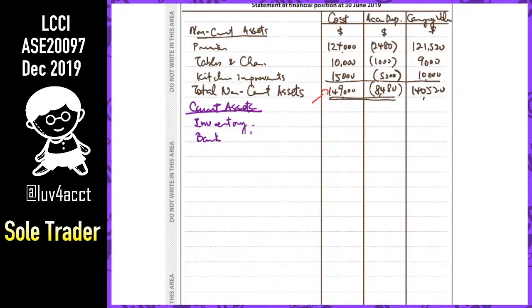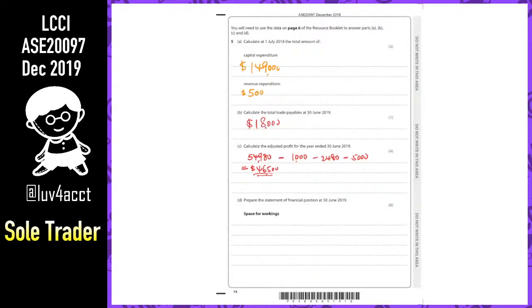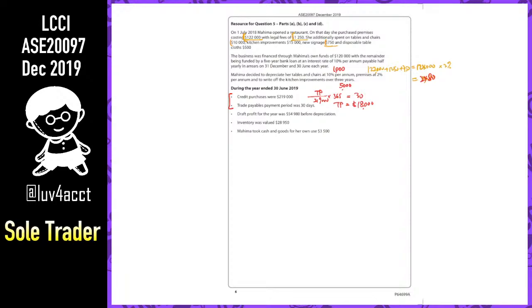Is it really not given? So we will have total asset, but we do not have the total until we finish the second part of the statement of financial position. So what is our inventory?